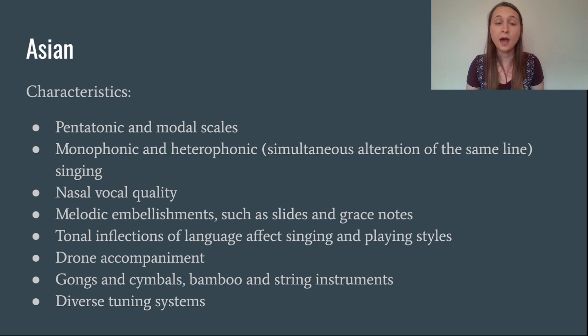Again, as in African languages, in Asian languages, certain words, if you use a different inflection, mean totally different things. And so the pitches of the language can affect the singing and the playing styles. There are diverse tuning systems, which are fascinating if you ever want to go research that.